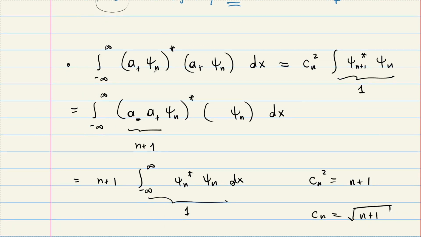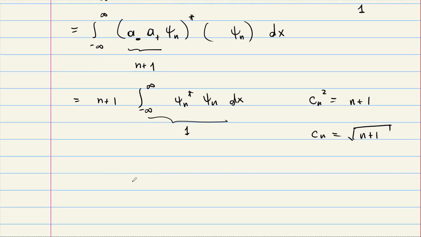No, this is n. So you start with n. If you act with A plus, it's n plus 1. This is some Cn psi n plus 1. This is also Cn, with conjugation, psi n plus 1. Is that what you mean? Oh, thank you. Absolutely. Good.